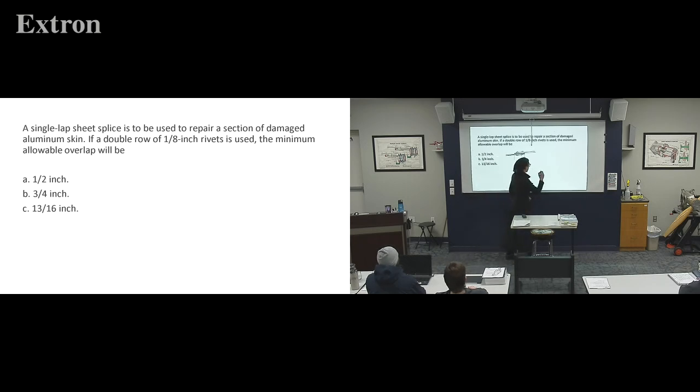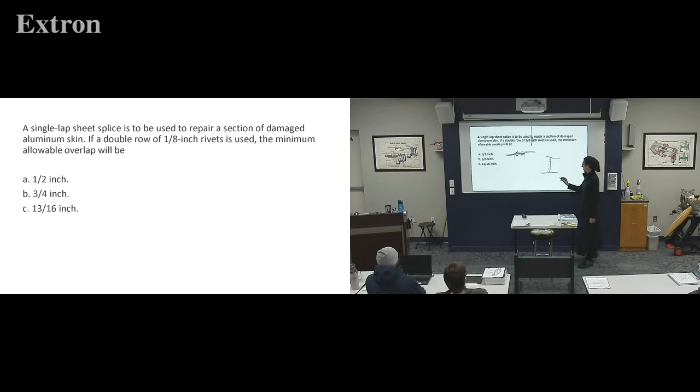If we flip it up, it'll look something like that, and then this other piece of metal coming under. What is the one thing they do not specify, not very nice, about the rows of rivets?